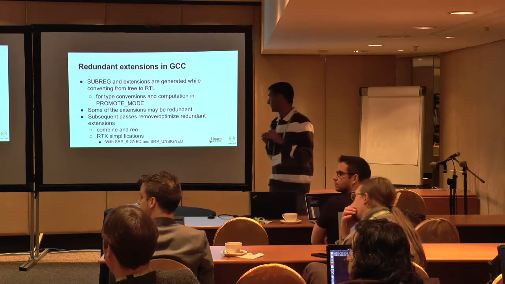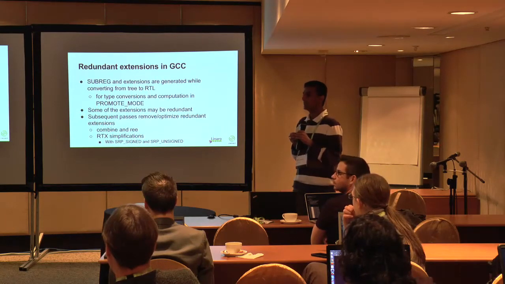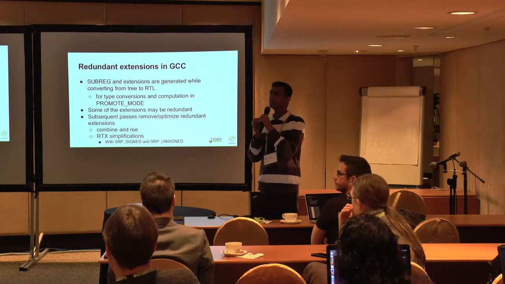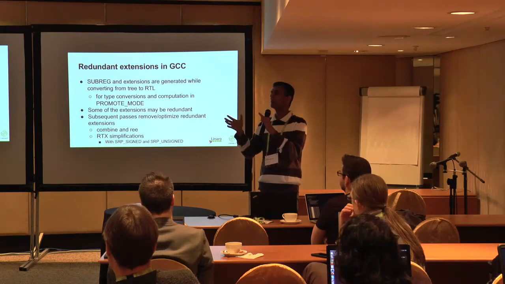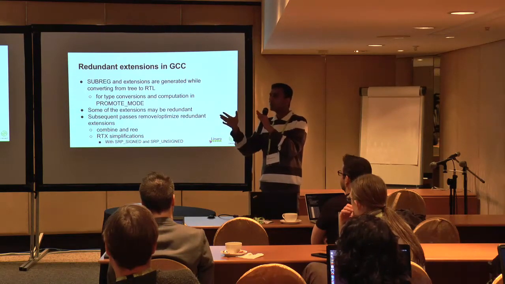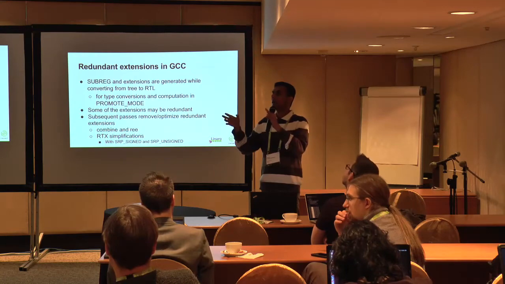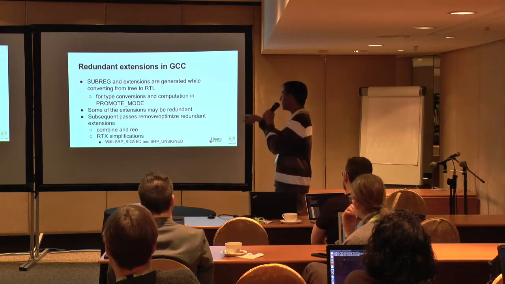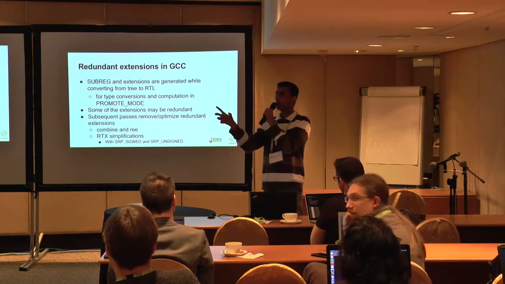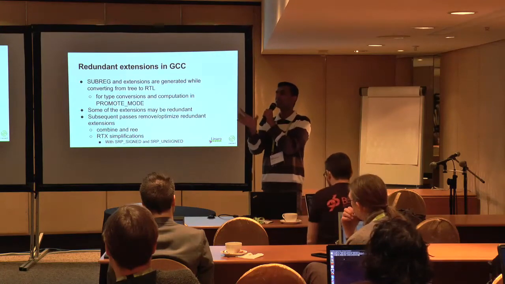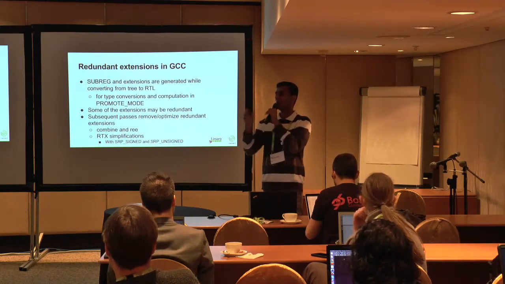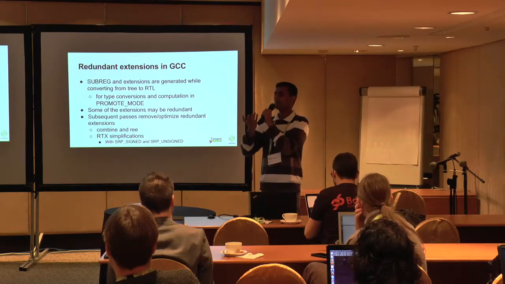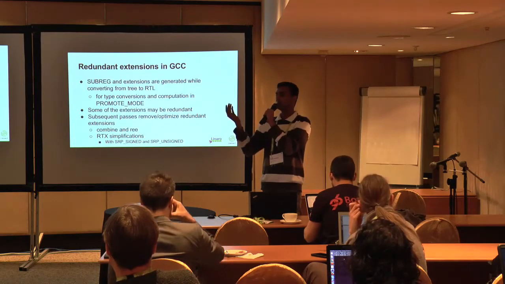I think SRP_SIGNED or SRP_UNSIGNED are regs, right? Sorry? Reg nodes. Register nodes. No, it's actually an attribute for the subreg. When you have a subreg, and the subreg is promoted to a wider mode, you set this attribute. SRP_SIGNED means the value is already zero extended or sign extended in the wider mode, so you don't have to do that if you need to do sign extensions.